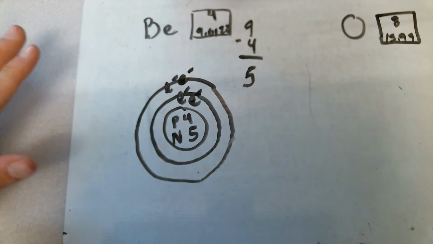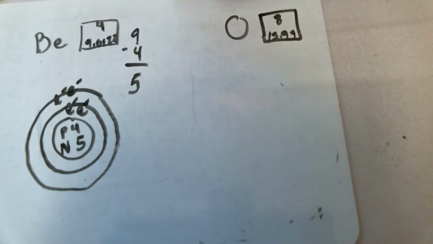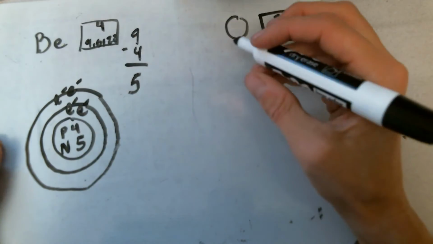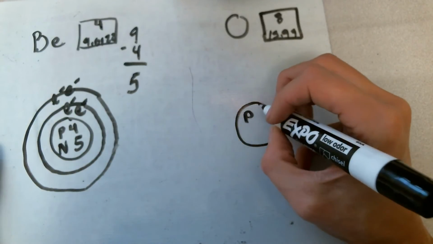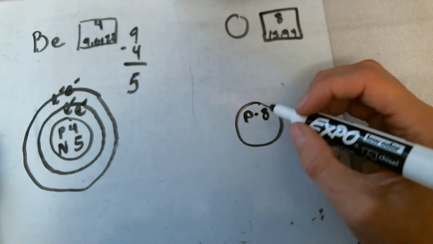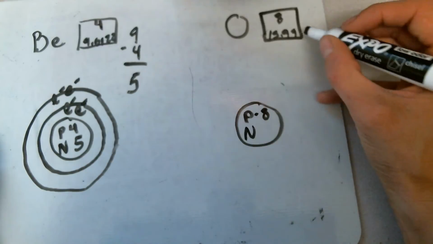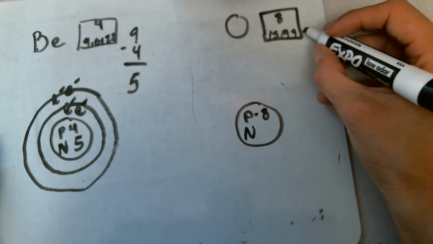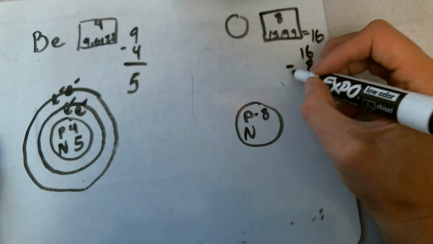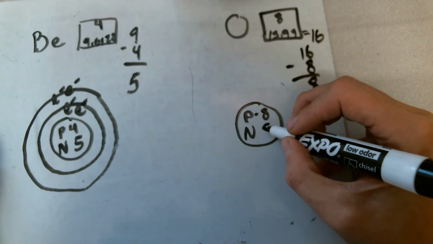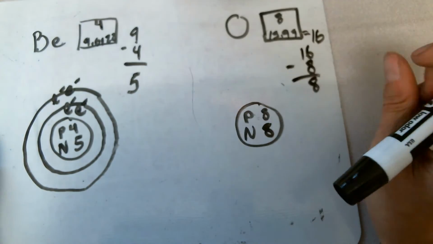Okay. Let's look at oxygen. So over here for oxygen, in the nucleus we have 8 protons because that's our atomic number. And neutrons, 15.99 rounds to 16. So 16 minus 8 gives me 8 neutrons that I have.